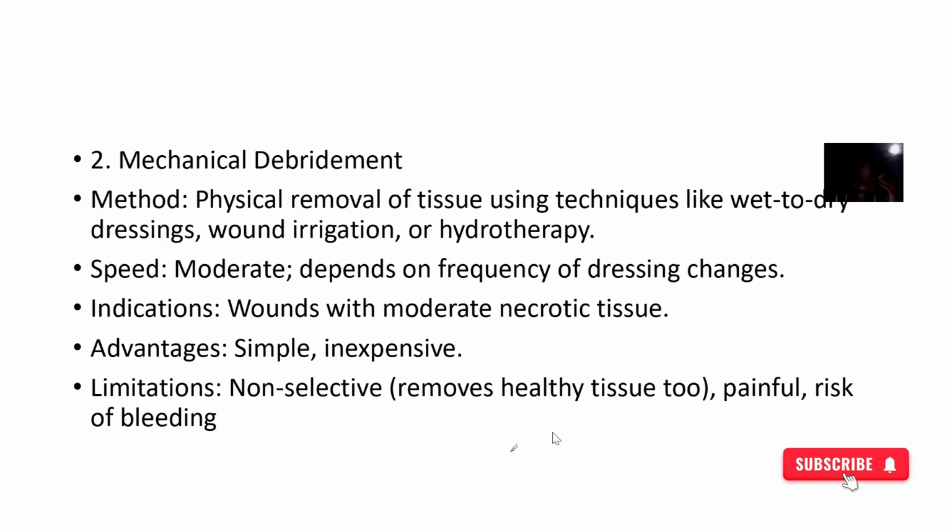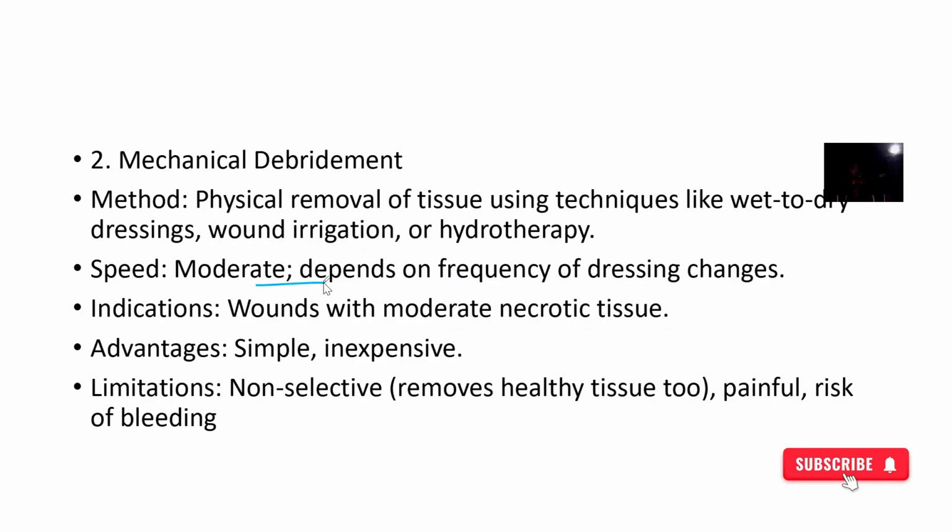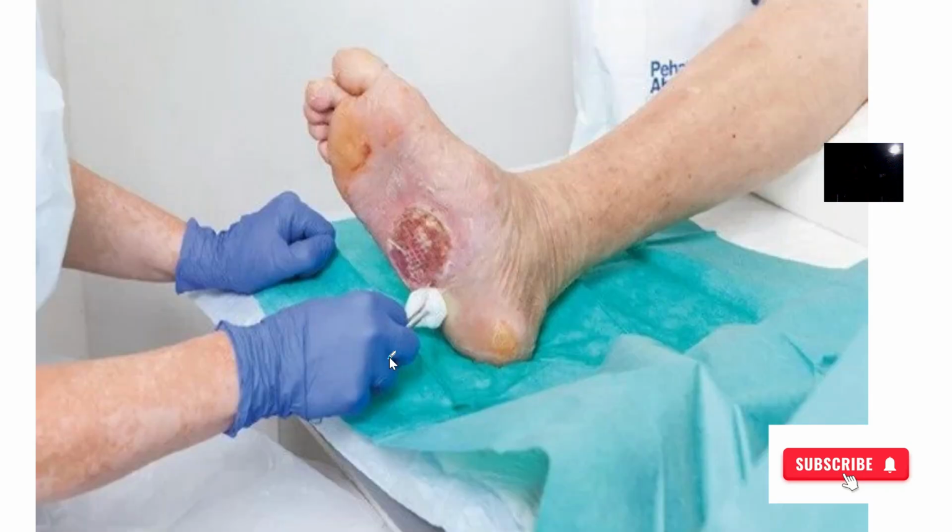For the mechanical debridement, it's just physical removal of the tissue, using techniques like wet-to-dry dressings, wound irrigation, or hydrotherapy. Speed is moderate and depends on the frequency of dressing changes. It's simple and inexpensive.